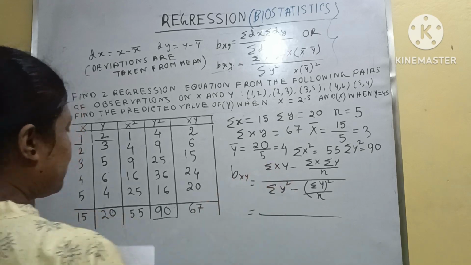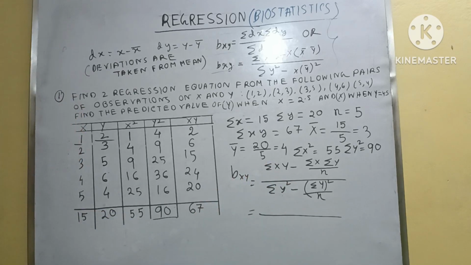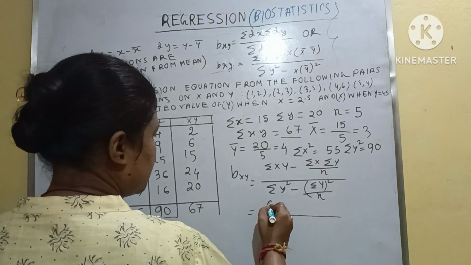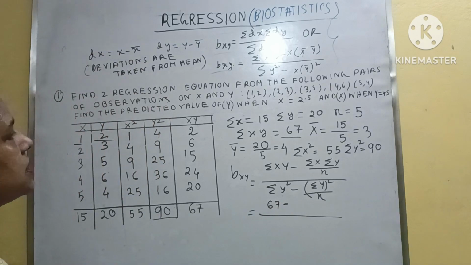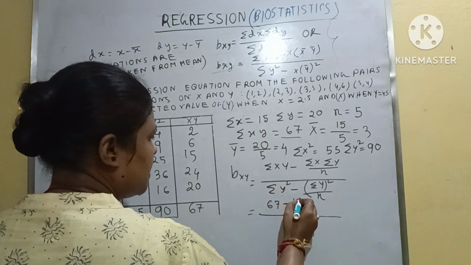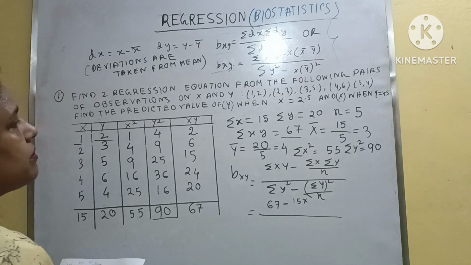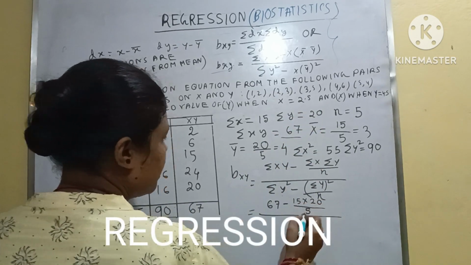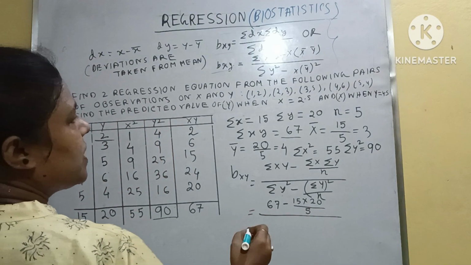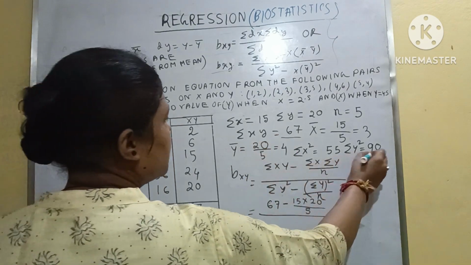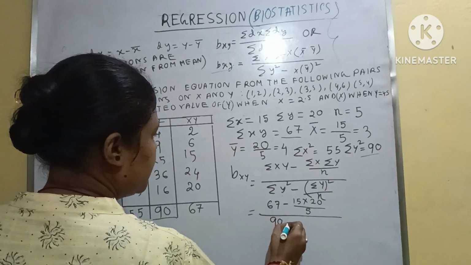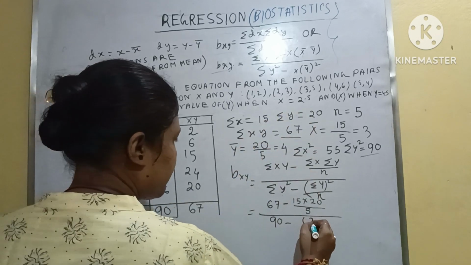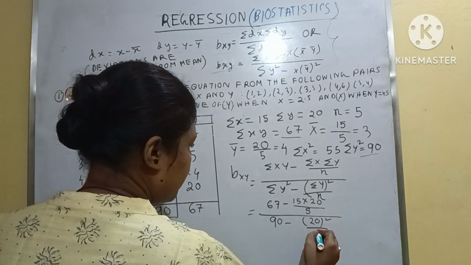Okay, summation of xy is what? Summation of xy is 67 minus summation of x, 15, into summation of y, that is 20, divided by n, which is 5. Next, summation of y square is 90 minus summation of y whole square, that means 20 square, by 5.